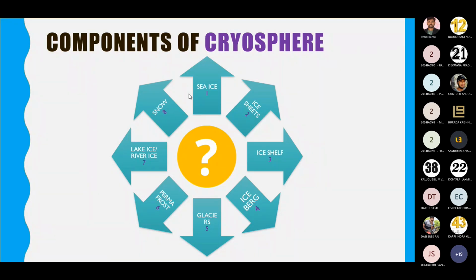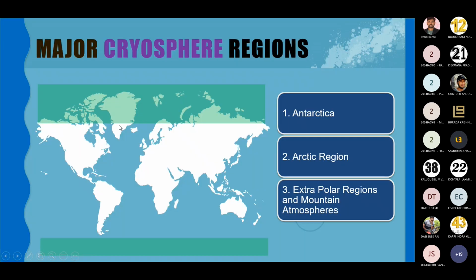So these 8 components form major components of cryosphere, that is sea ice, ice sheets, ice shelf, iceberg, glaciers, permafrost, and others. So these components are present in 3 different regions. Actually, cryosphere is divided into 3 major regions. One is Antarctica, next is Arctic, and the third one is extrapolar region.